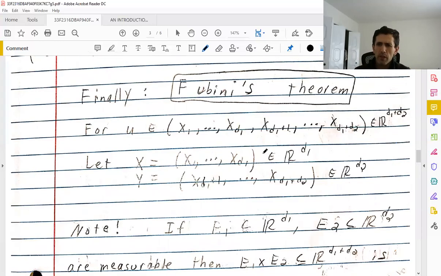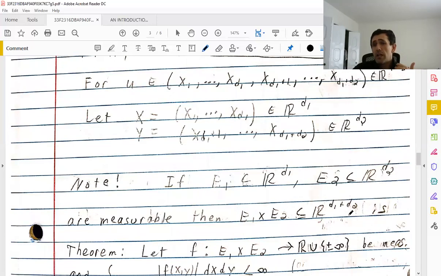Okay, so something I'm not going to prove, because again, semester's over, and it would take a while to prove all these things. If you have a measurable subset of R^d1 and a measurable subset of R^d2, then their Cartesian product is measurable. So what is Fubini's theorem?